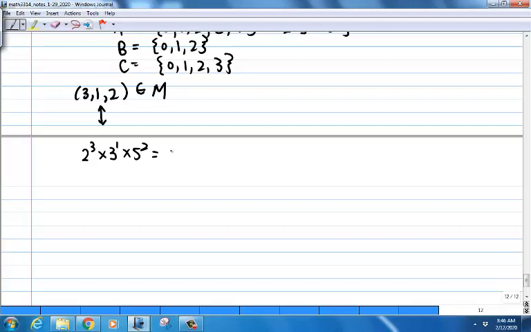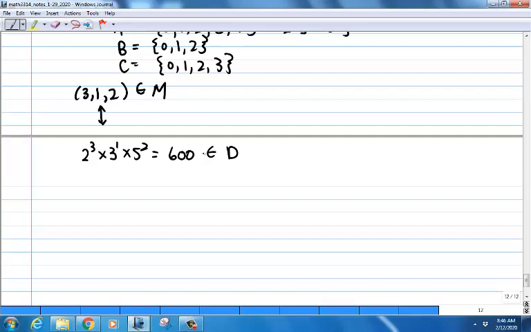Is that 600? Okay, so that's 600, which is definitely a divisor of 18,000. So we know that is an element of D. And so you see, that's how you can take a tuple and match that to an element of D.